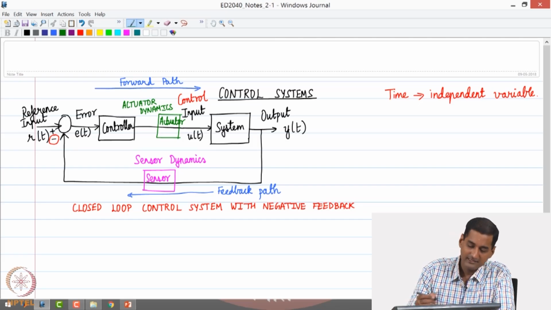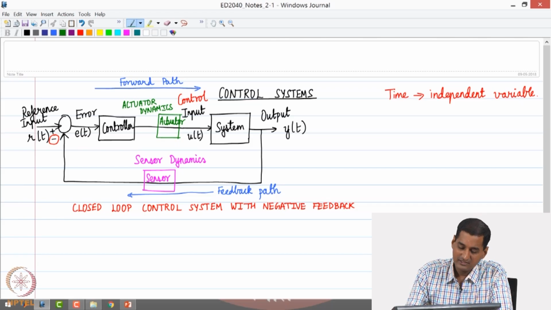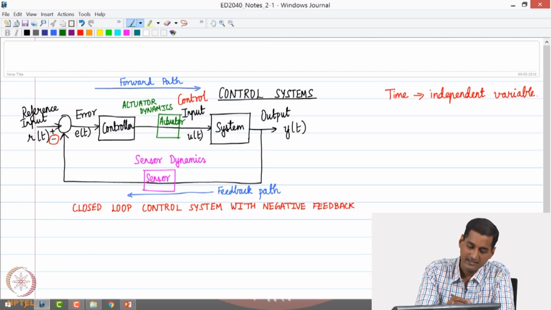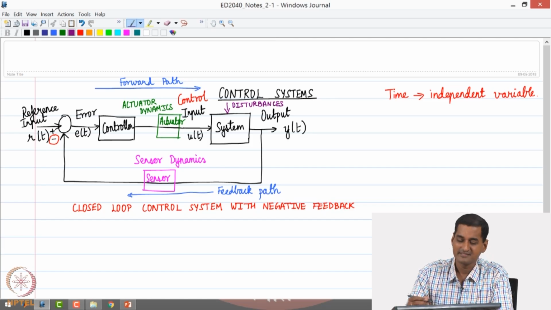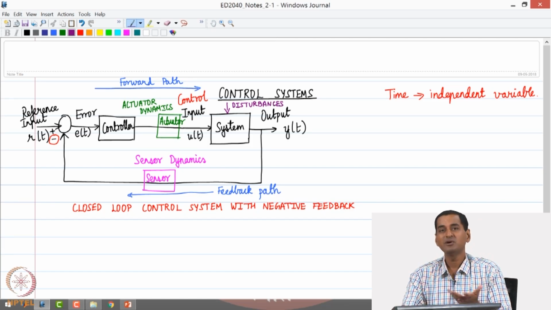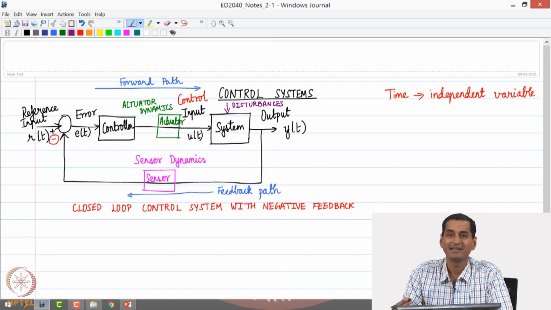So, what are the other attributes that we need to consider in this block diagram? Most often we can have disturbances coming into play. So, what are these? Disturbances are essentially unwanted stimuli which affect the system's output.